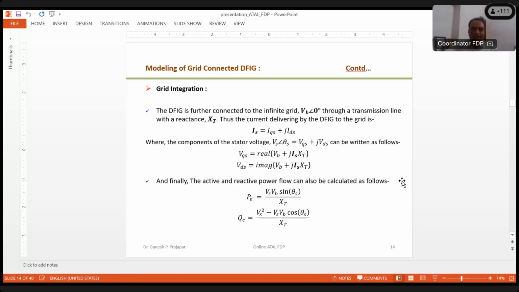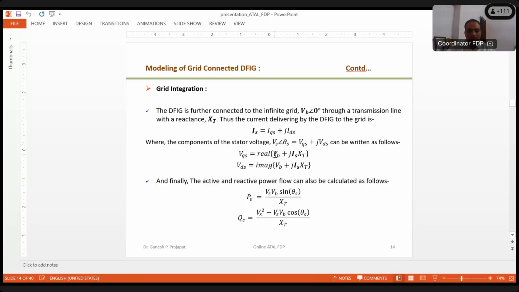Then there is the grid interconnection. As I already said, the generator needs to be connected with the grid. Simply, we can put Ohm's law: the difference between the wind generator voltage and the grid voltage, divided by the reactance of the transmission line, gives the stator current which needs to be fed to the grid. Accordingly, the stator voltage will be there.